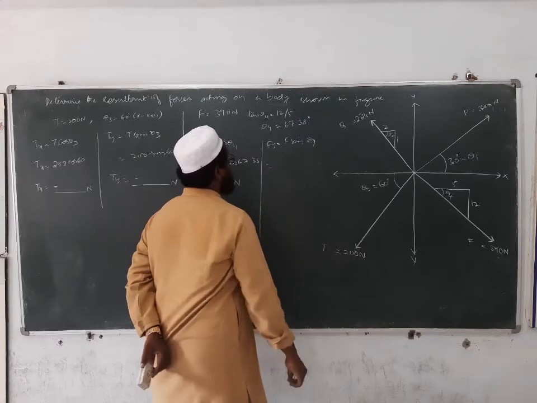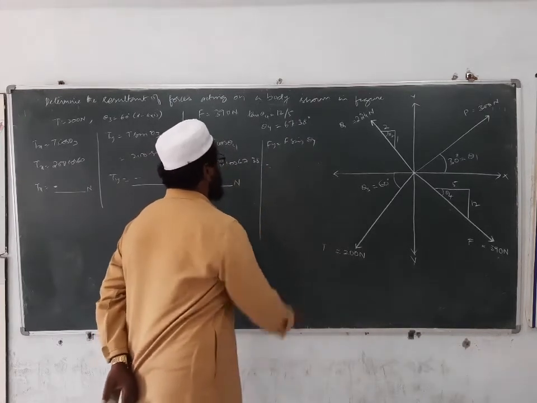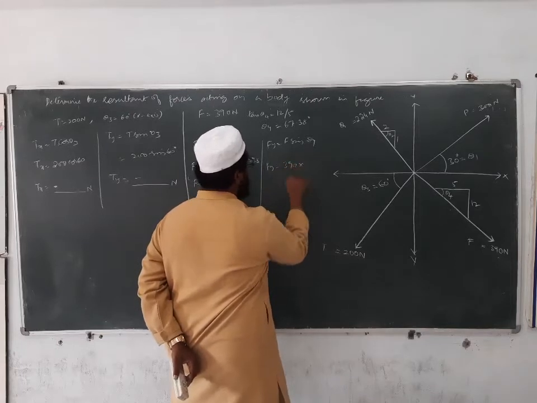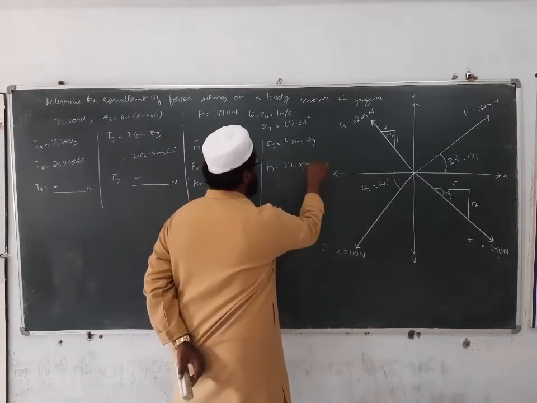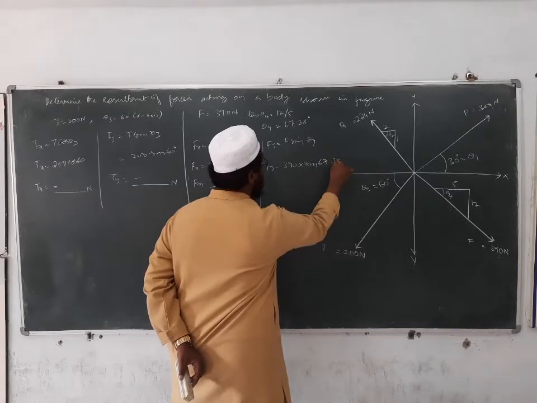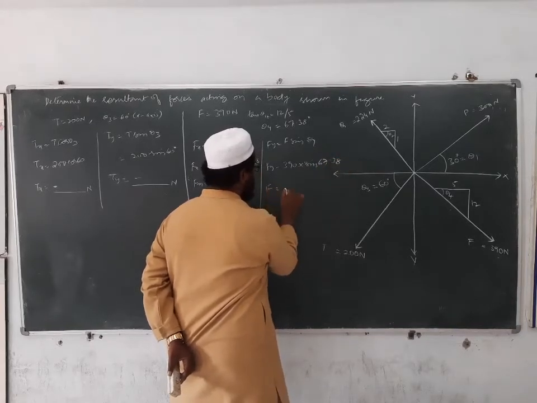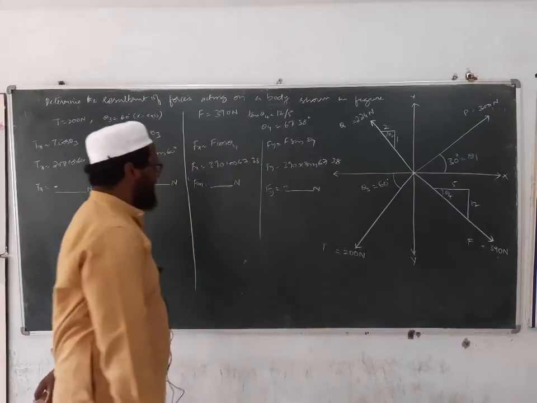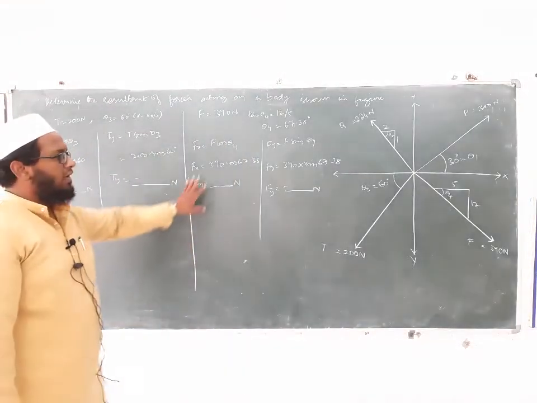What is the value of F? We have 390. Fy is equal to 390 into sin 67.38. So Fy you will get with a negative sign, in newtons. So this is how we calculate all the components.